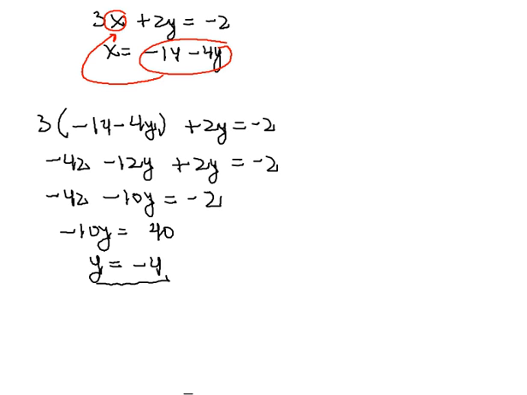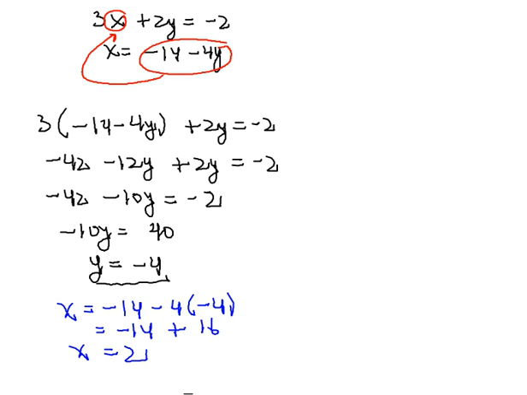So now what we'll do is find the value for x, and we're going to use the equation at the top to do that. So we have x is equal to negative 14 minus 4 times negative 4. So it becomes negative 14 plus 16, or x will be equal to positive 2.